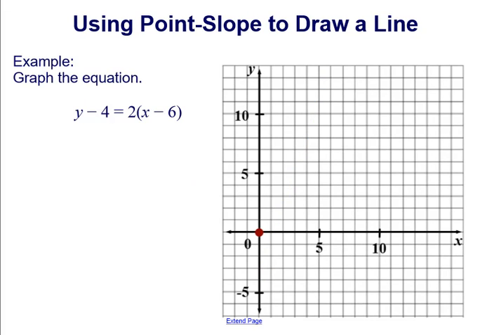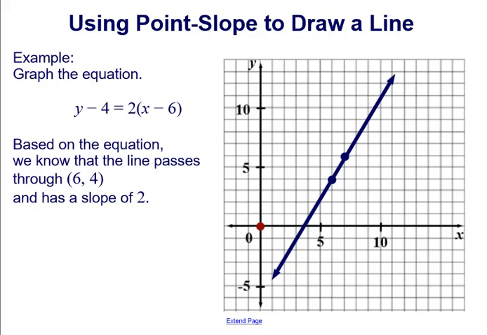So let's look at another example. It tells us to graph the equation of y minus 4 equals 2 times the quantity of x minus 6. So the first thing to recognize is this equation is written in point-slope form. It's y minus y1 equals m times x minus x1. So we can see from this equation a point on the line and the slope of the line.